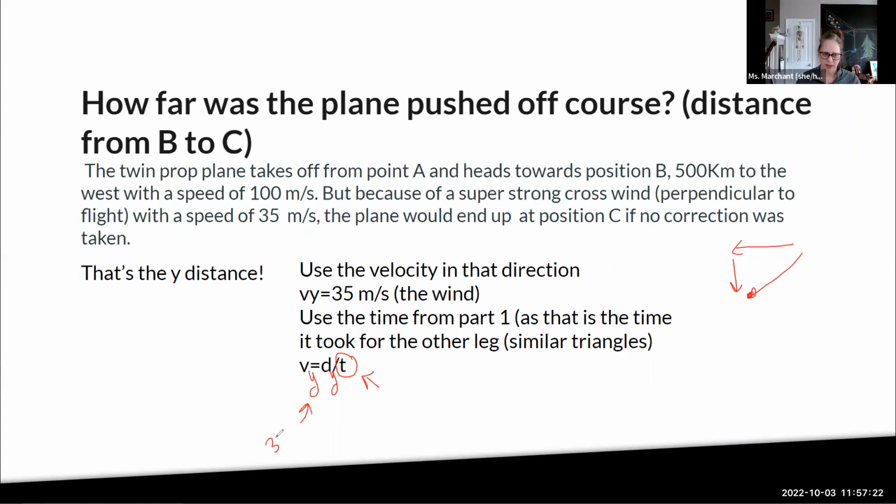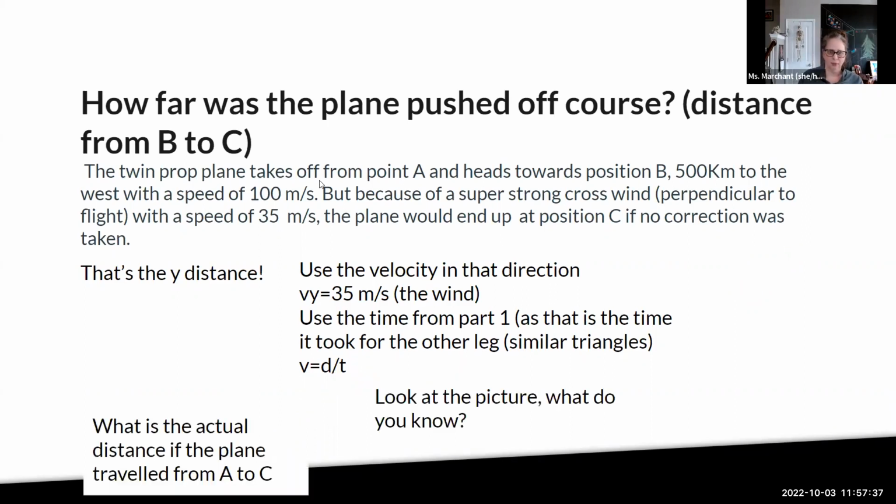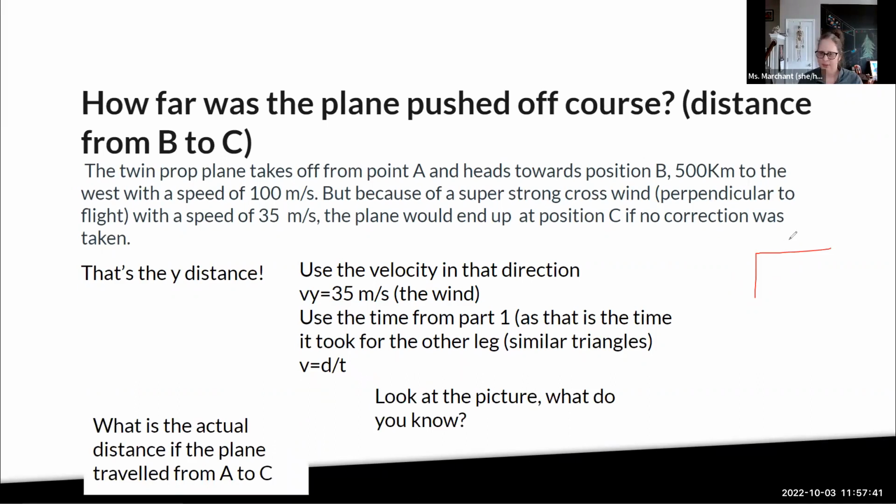What's my velocity in the Y? 35. The time we solved earlier from the range equation. And then we can solve for the distance. So there's two different ways that you can solve for that distance. Now, what if they wanted to know the actual distance the plane traveled?